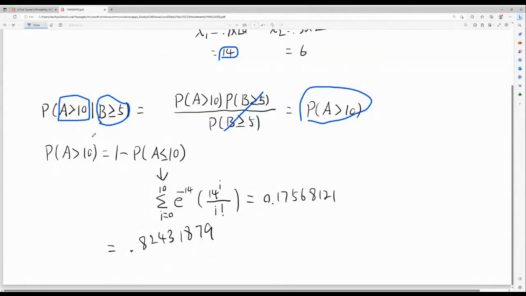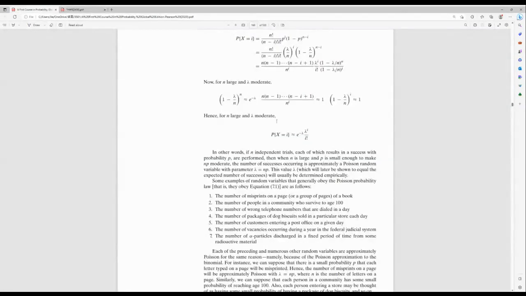First of all, we just convert first. So the probability that A is greater than 10 is equal to 1 minus the probability that A is less than or equal to 10. Once we got this, we just plug into the formula.